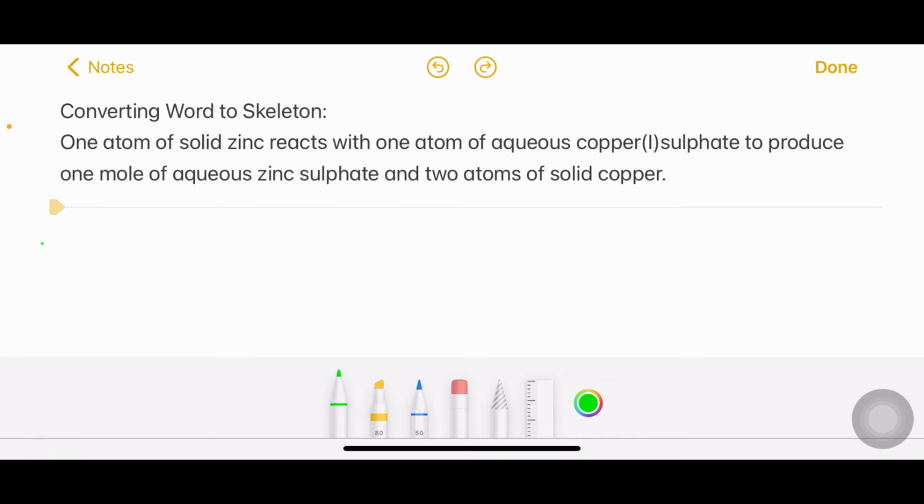So we would go 1 zinc, and the state is solid.